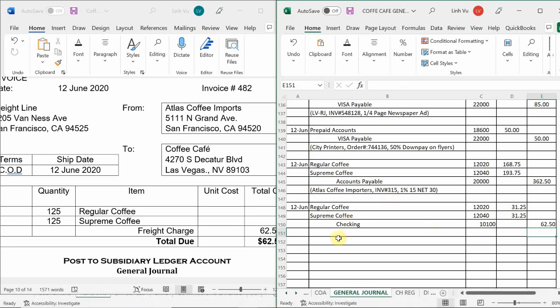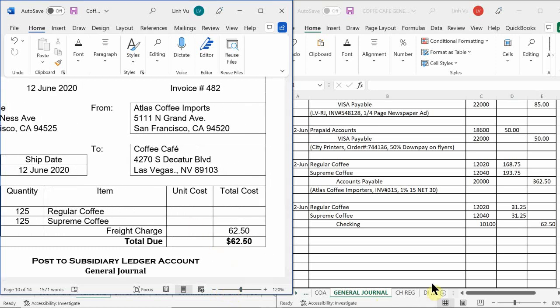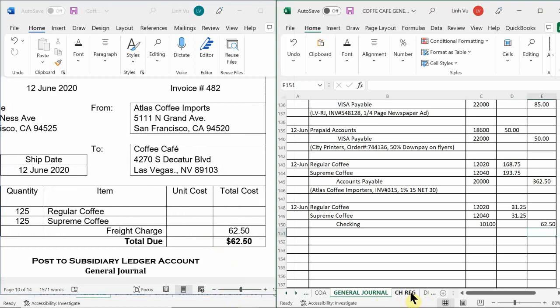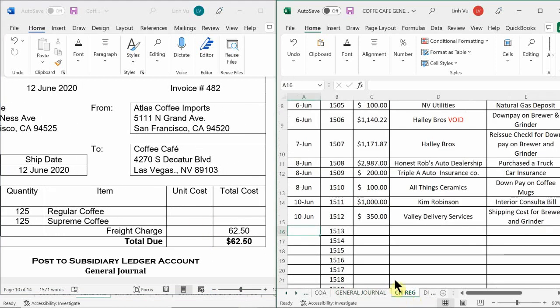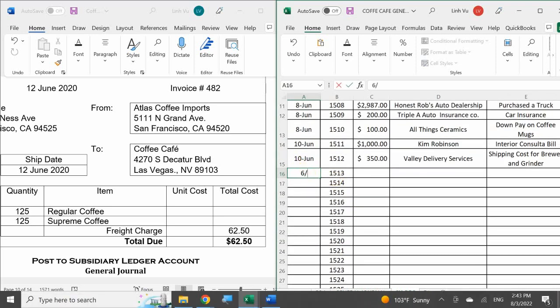Now I need to write my check because, if they demanded cash on delivery, that means I had to issue that check right as I received the inventory items. Today is the 12th. We got check number 1513, for a grand total of $62.50.